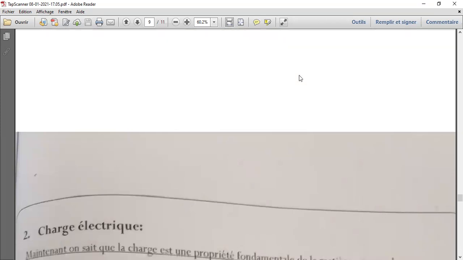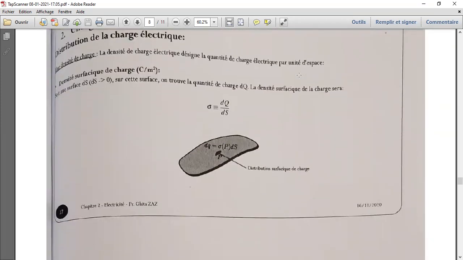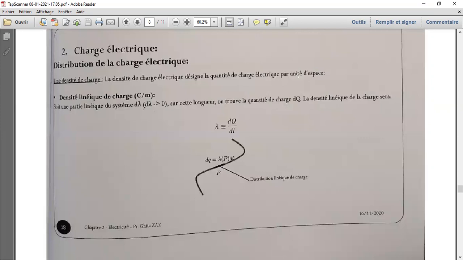Then we also looked at the linear charge density, where a cloud of charges lies along a line.